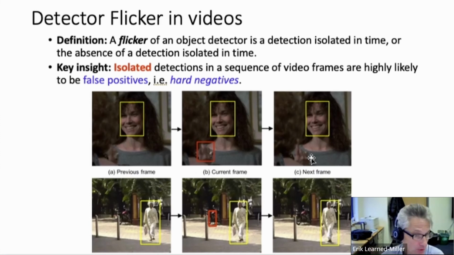So what should you do with that error? These are what I would call on flickers, where the red box is showing up out of nowhere for one frame and then going away. So that's a hard negative. It's probably not a face because it was detected only once.